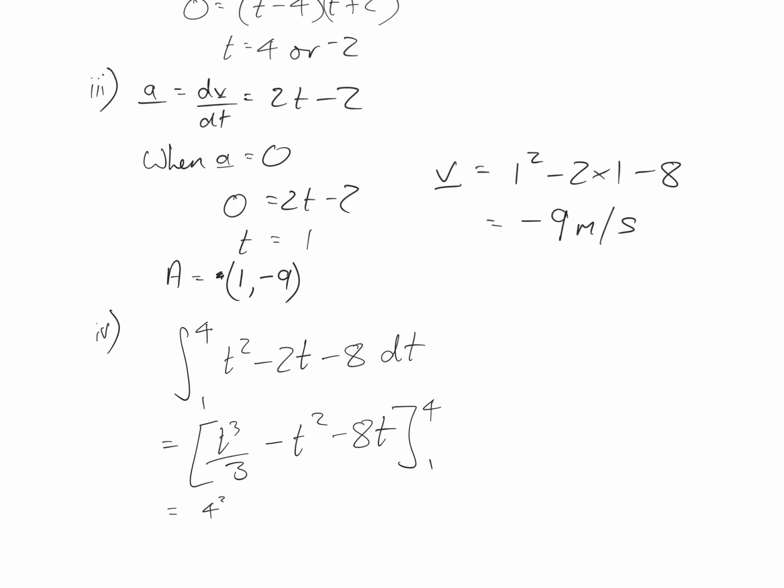So we've got 4 cubed over 3 minus 16 minus 32, minus a third minus 1 minus 8, equals 64 divided by 3 minus 16 minus 32, which is minus 18, so that's negative as we expected.